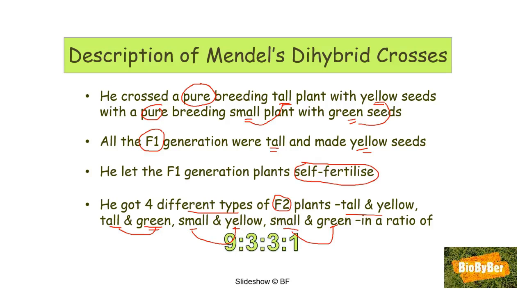This means if he had 160 plants in the F2 generation, then approximately 90 of them would have been tall and yellow, approximately 30 of them would be tall and green, approximately 30 would be small and yellow, and approximately 10 of them would be small and green.